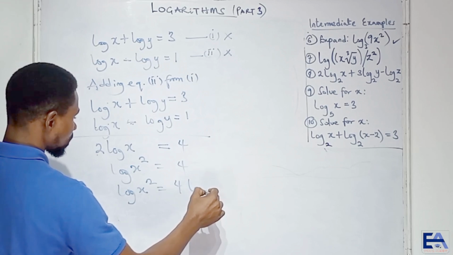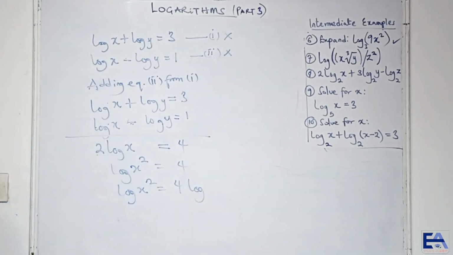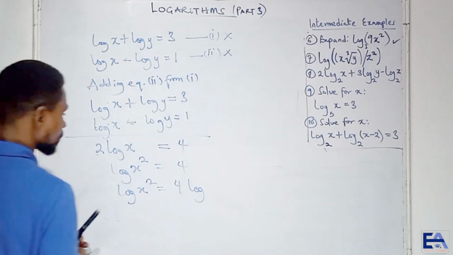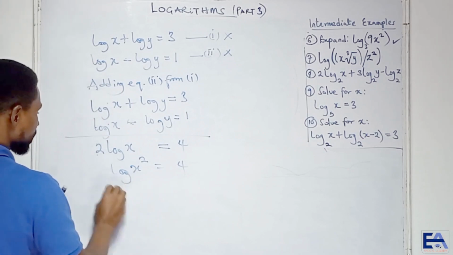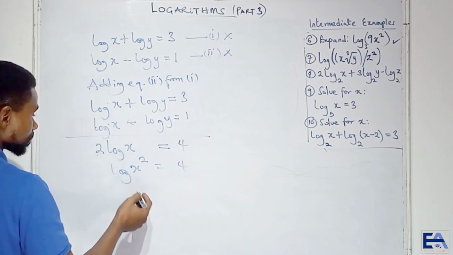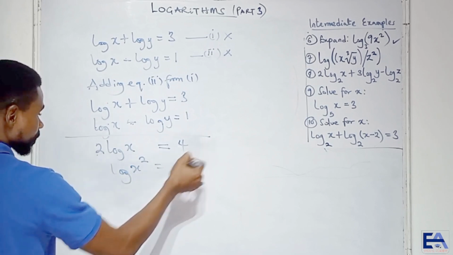We want to do logarithm of the same base, but I don't think applying logarithm of the same base here works. So just leave it this way, and then apply the law of logarithm that says whatever the base is, we carry this one as a power.